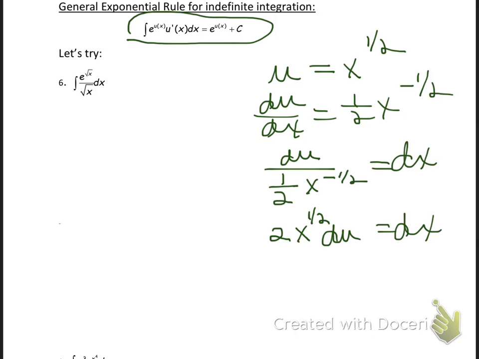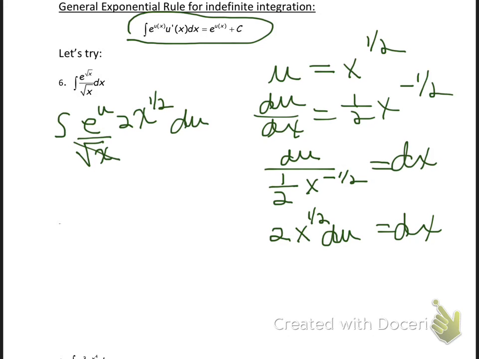Okay, there are no endpoints, so we don't need to worry about that. So if I'm going to take this, my e to the radical x is now e to the u. The radical x is still there. The dx, however, is 2, and I have x to the 1/2, but we know that's exactly the same as radical x, du.